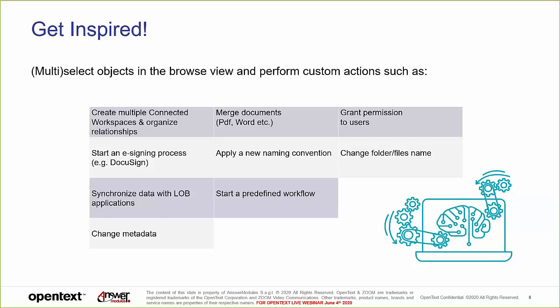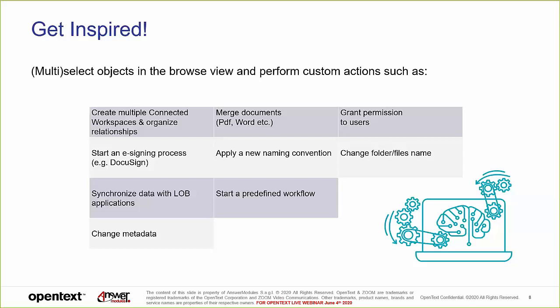Or we could select a specific document or multiple documents and start a predefined approval process, again, with one click. So just having this ability to do high-value interactions directly from the SmartView menu obviously brings a whole host of benefits.